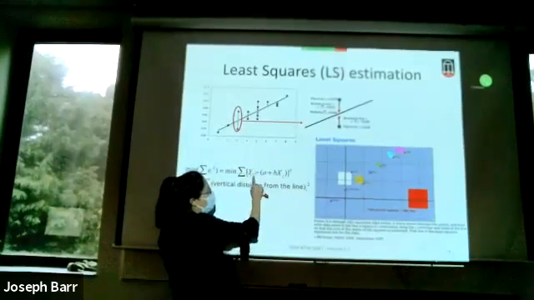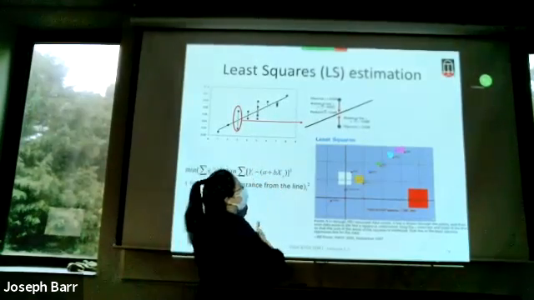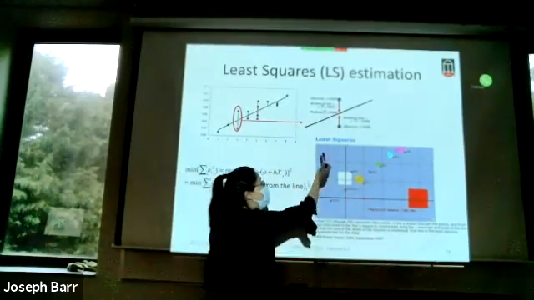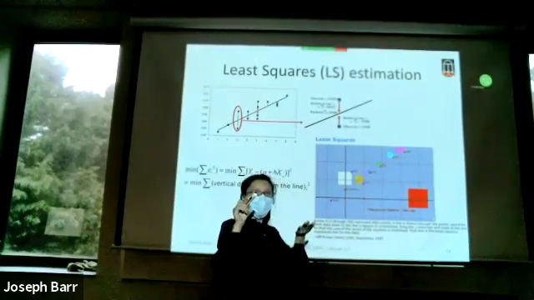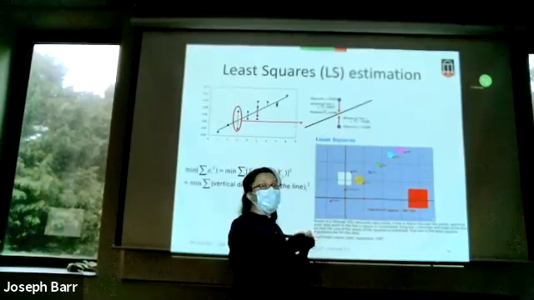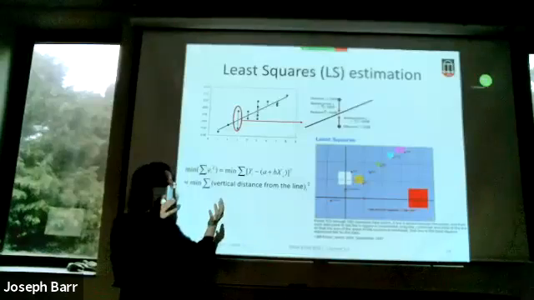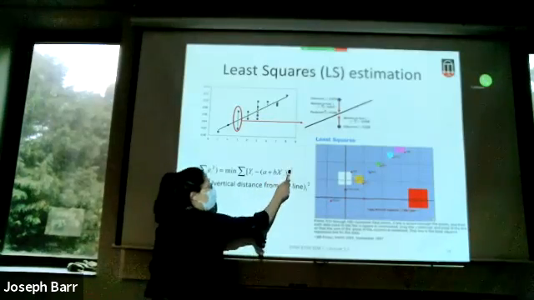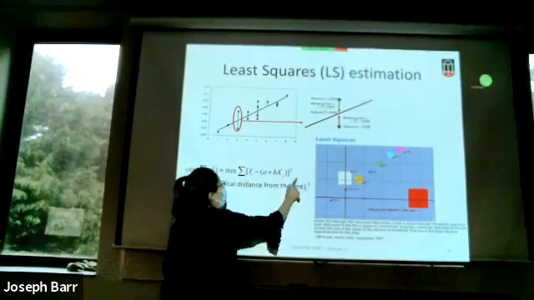Sometimes the residual is negative, when the dot is below the regression line, and when the dot is above the regression line, the residual is positive. If we sum them, positive and negative residuals can cancel each other, but we don't want that. So we make them positive by squaring, to get the sum, so that we can minimize this term.